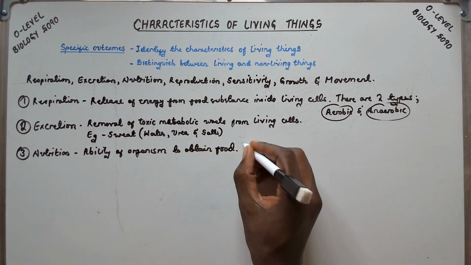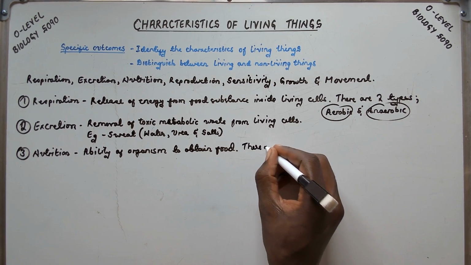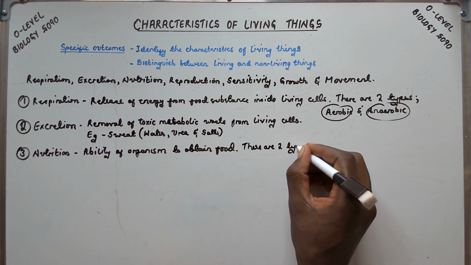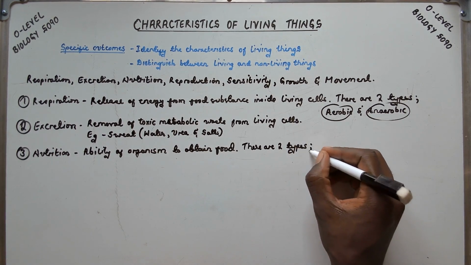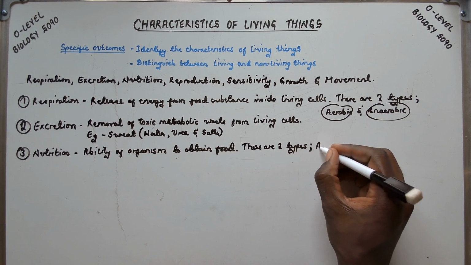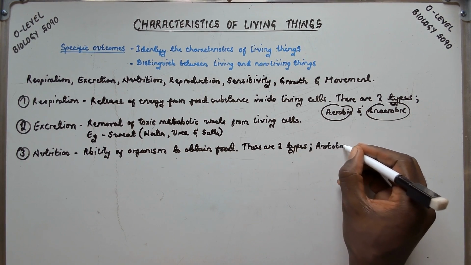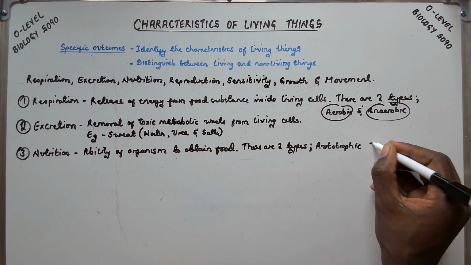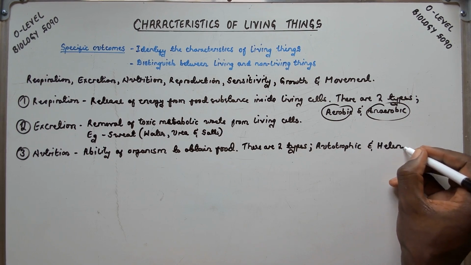Okay. Under nutrition, there are also two types. Two types of nutrition. These include autotrophic and heterotrophic.